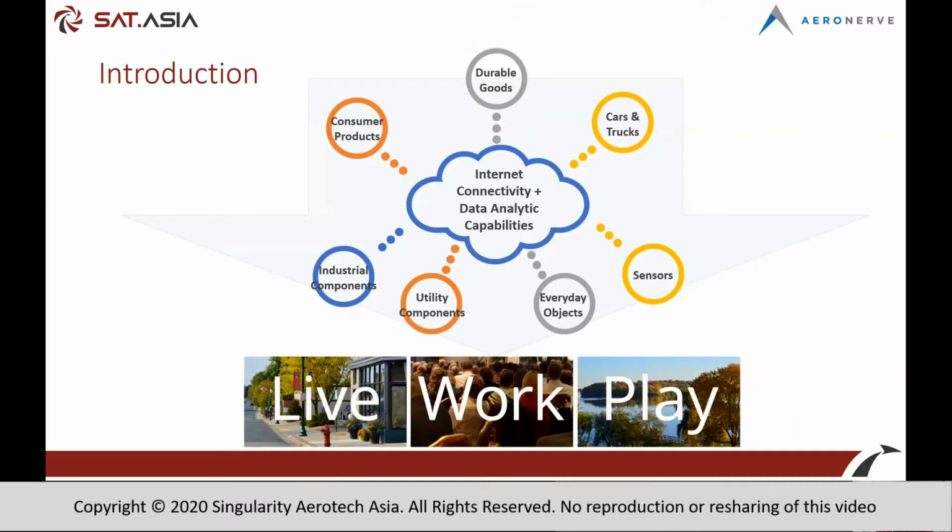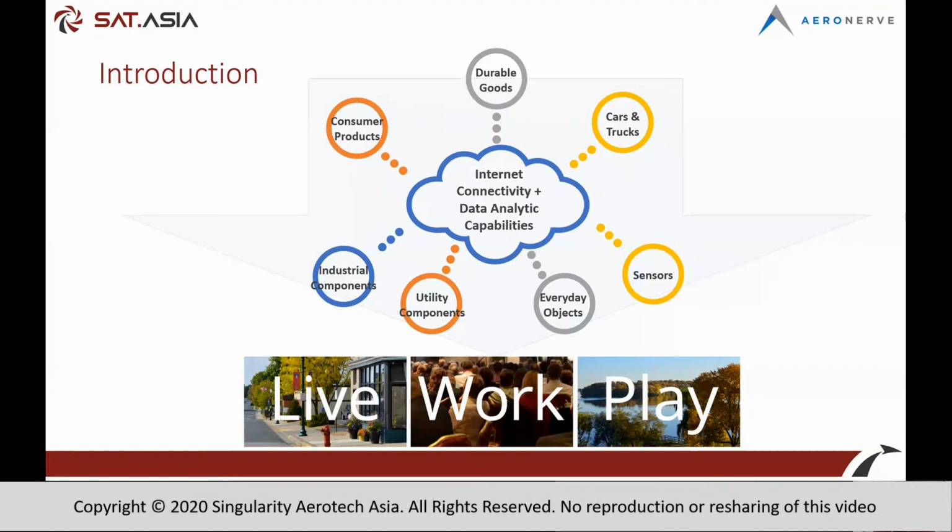So, okay. There are two things in the word Internet of Things. You have internet connectivity that connects various kinds of things: durable goods, consumer products, sensors, everyday objects, drones, cars and trucks.